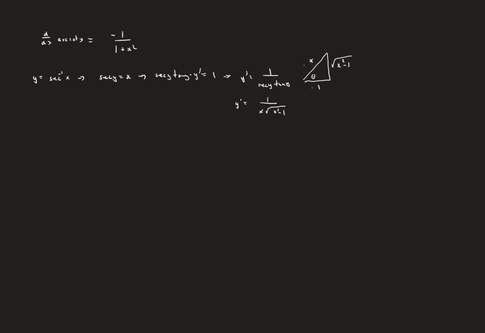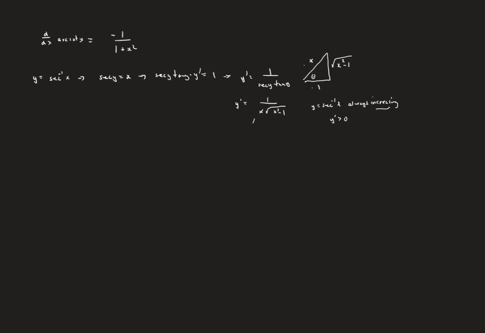Now it turns out, and we can show this in class, that when you look at the graph of inverse secant of x, you will see that it is always increasing. So it's what we would call a strictly monotonic function. Because it's always increasing, its derivative has to always be positive.